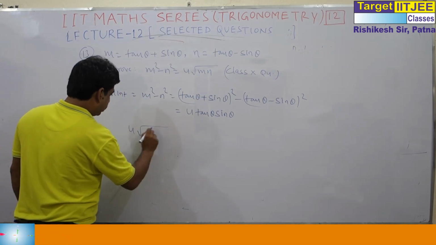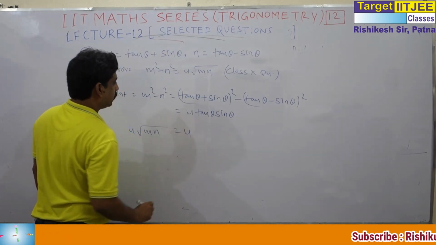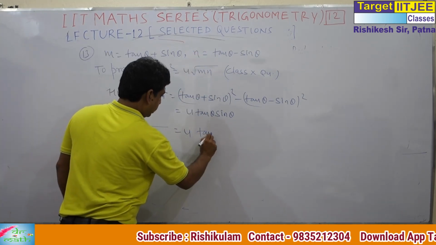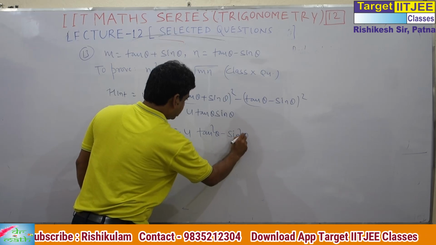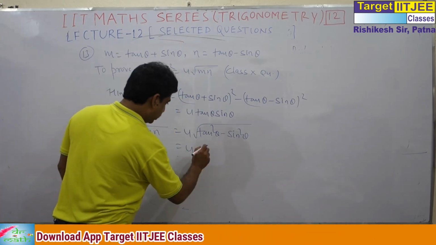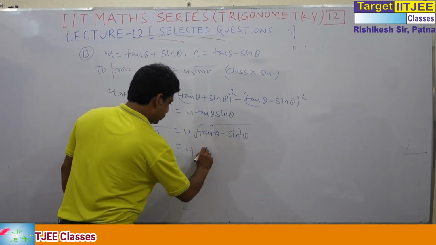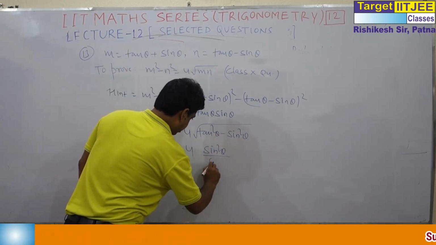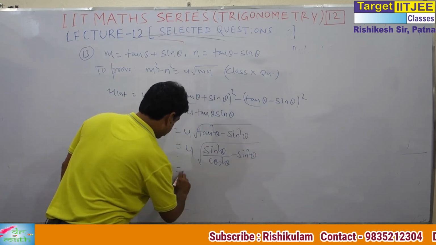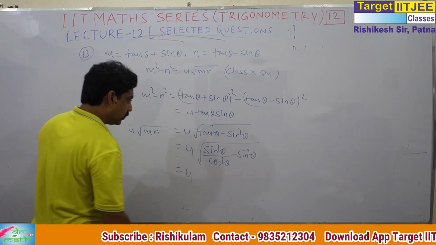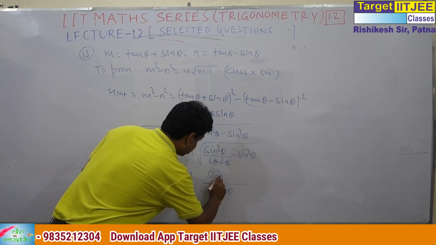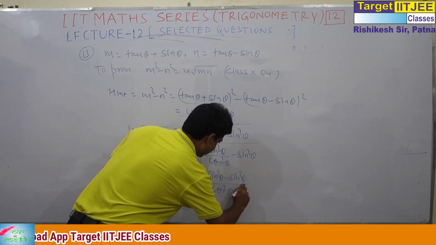And what is 4 root mn? 4 into this, tan square theta minus sin square theta, so 4 root over sin square theta by cos square theta minus sin square theta. Now take LCM. On LCM this is cos square theta, sin square theta. I have almost done the question.